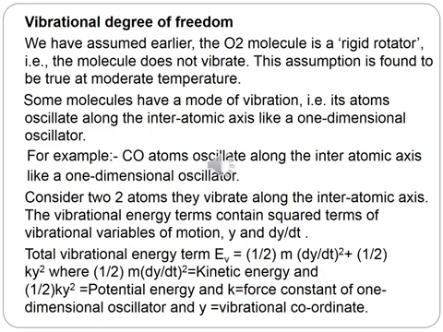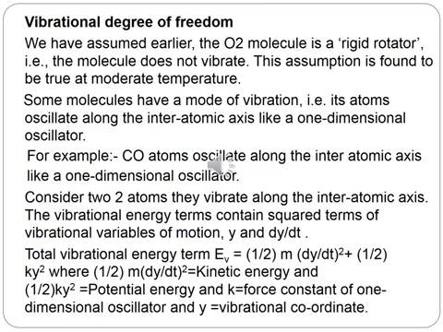At moderate temperature, the atoms in the carbon monoxide molecule oscillate along the interatomic axis like a one-dimensional oscillator. Consider two atoms, carbon and oxygen, in the carbon monoxide molecule. They vibrate along the interatomic axis. The vibrational energy terms contain squared terms of the vibrational variables of motion, which are y and dy by dt.